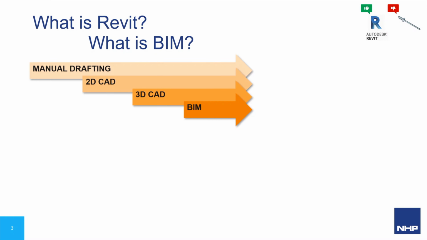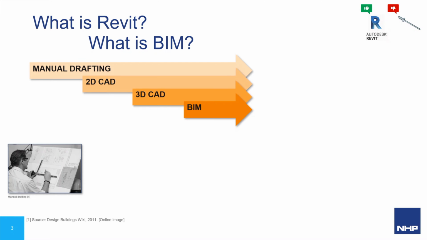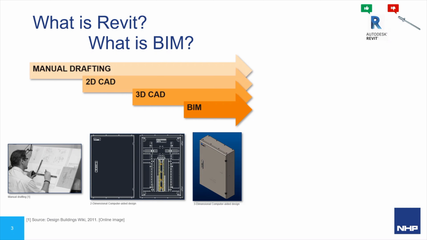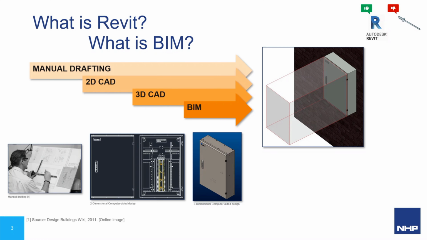Imagine the time taken to manually draft the design of a panel board. It would have been an extremely lengthy task. If you developed the same panel board in 2D CAD or 3D CAD, you would see a reduction in the required time from manual drafting all the way to 3D modeling, especially when you factor in the likelihood of design changes occurring along the way.